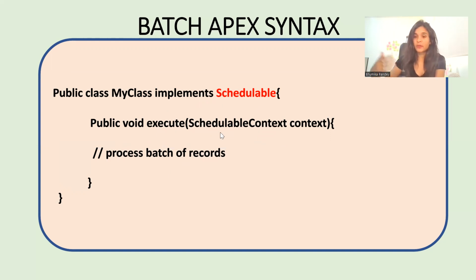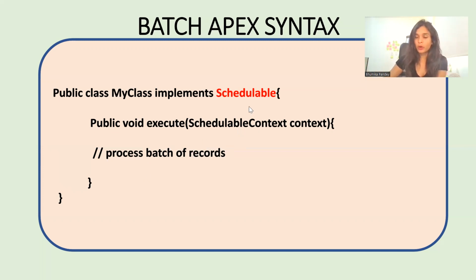The second way is, if you have already created a batch class, you can directly call that batch class inside the execute method. When you schedule this class, the batch class you have called will be executed at the scheduled time. The third is enqueuing your queueable Apex class from the execute method, and that also works the same way.